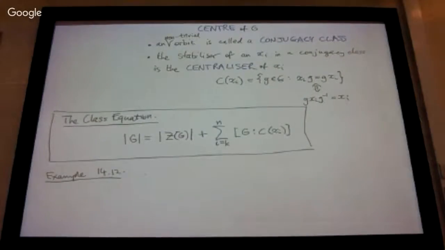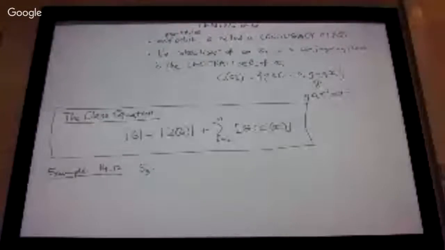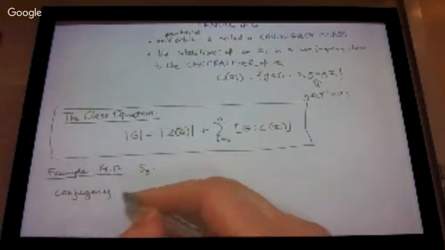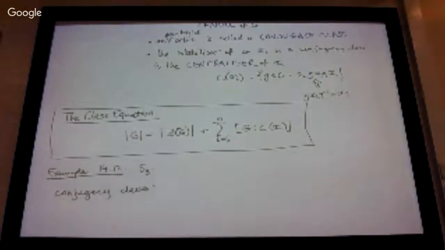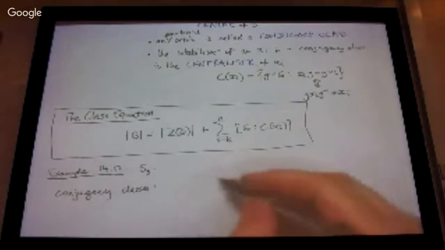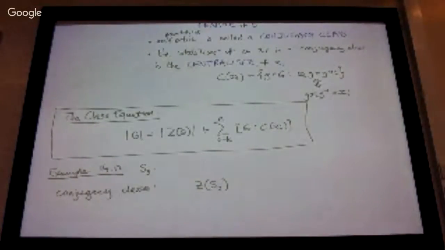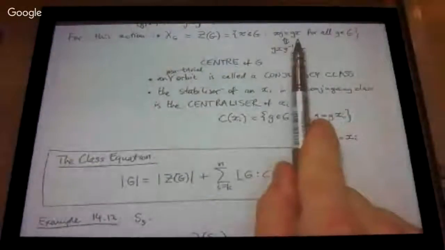it's S3. So what are the conjugacy classes? Okay, so what's the center? The center of S3, that's by definition all the elements of S3 that commute with everything else.